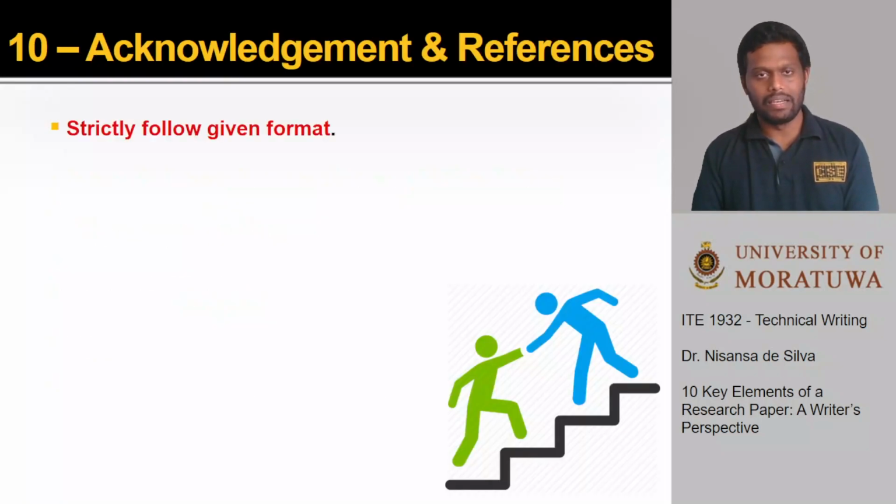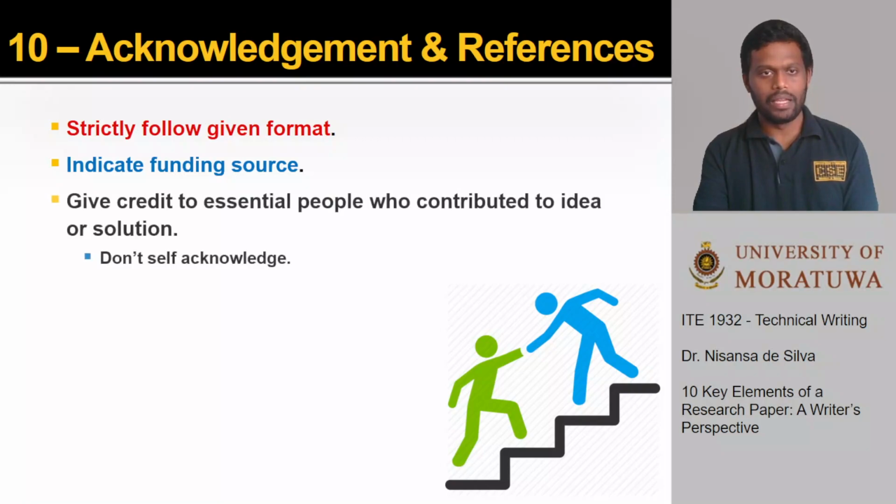Point 10 is acknowledgement and references. Again, in acknowledgements, make sure that you strictly follow the given format. And you need to indicate any funding source if there are any. You can give credit to essential people who contributed to the idea or the solution, and you cannot thank yourself.